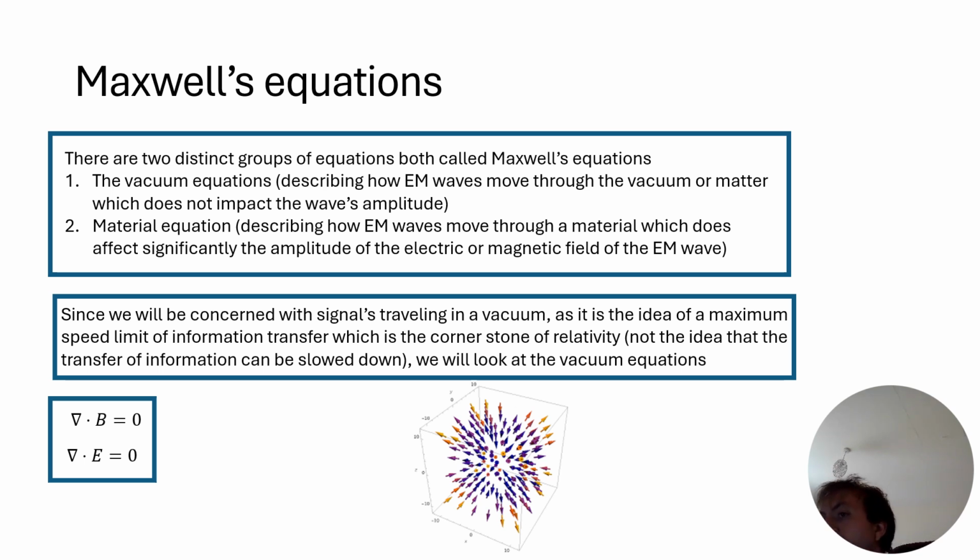So that's the meaning of this divergence being zero. Essentially it tells us our electric or magnetic fields can't get weaker, which isn't too much of a surprise because these fields are moving through empty space, so that's not really a massive shock.